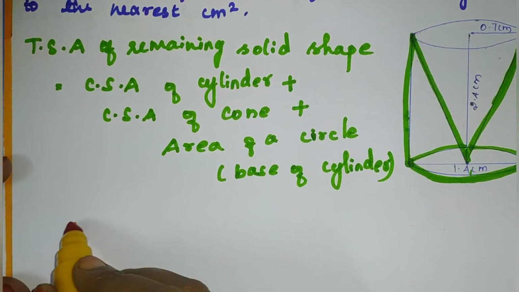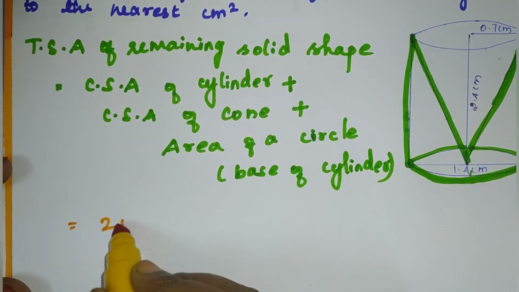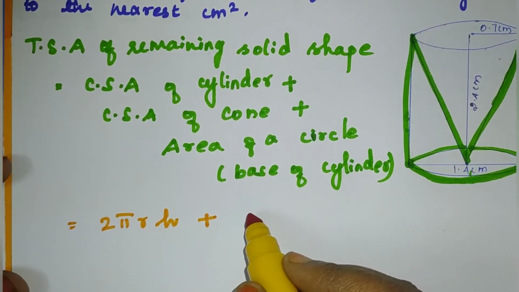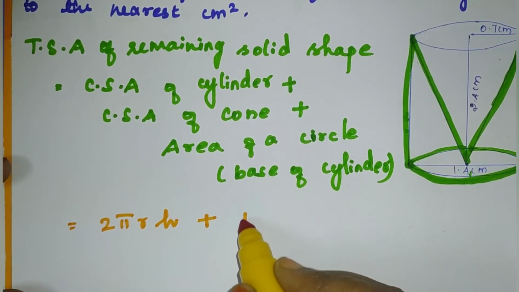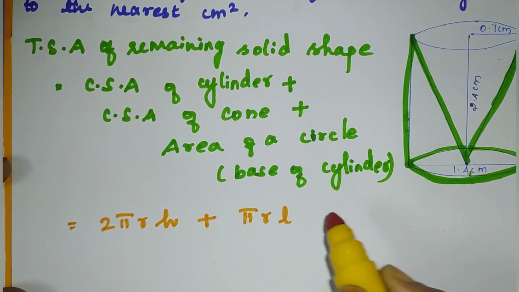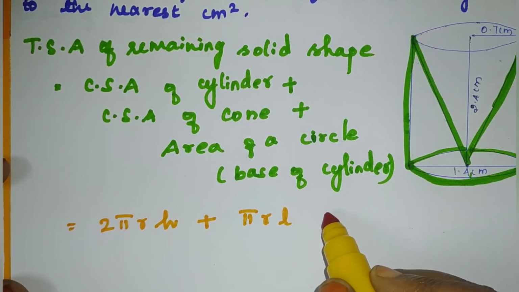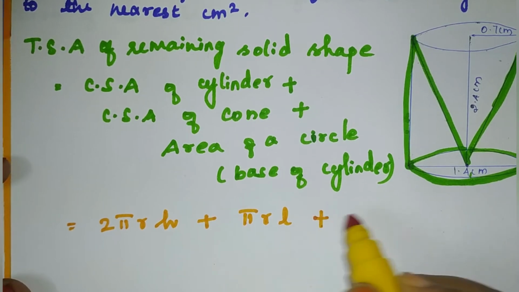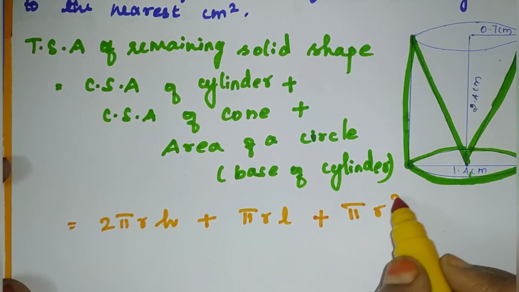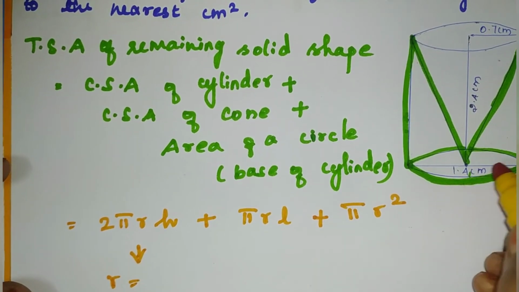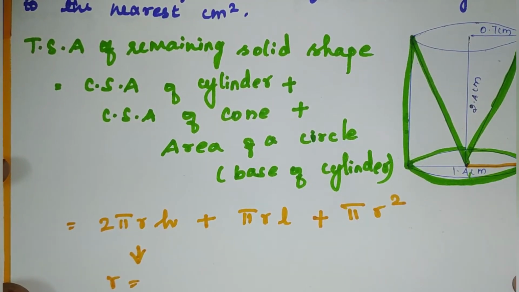First, curved surface area of a cylinder is 2 pi r h and curved surface area of a cone is pi r l, and then area of a circle is pi r square. Now write the radius for the cylinder.